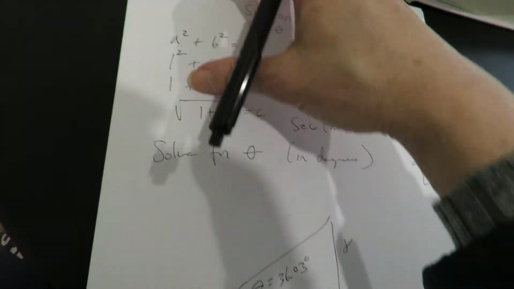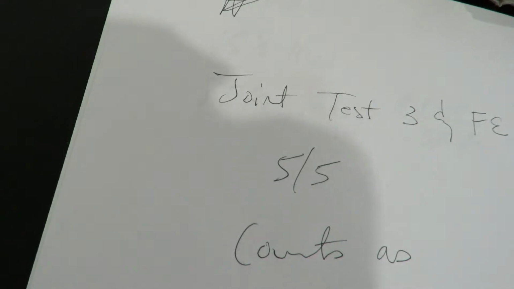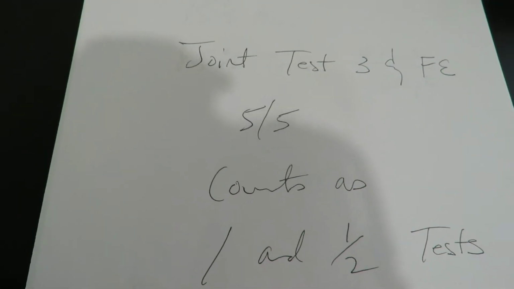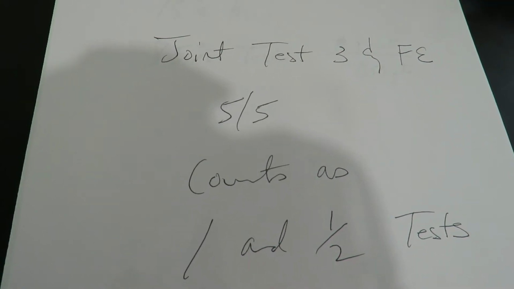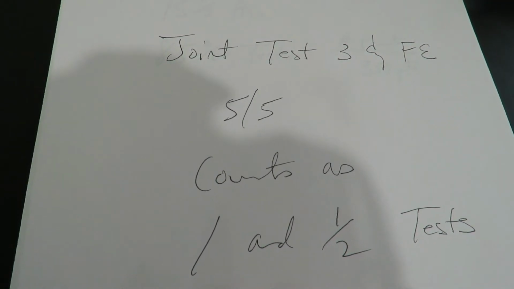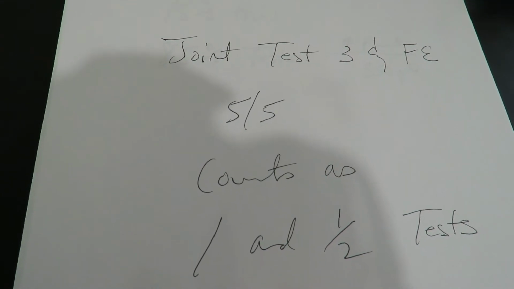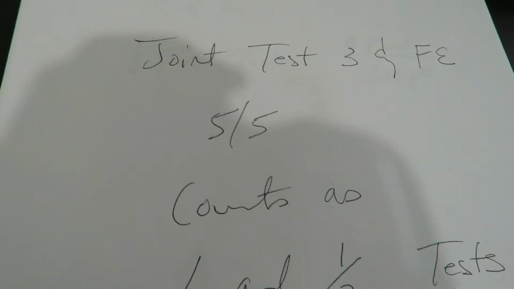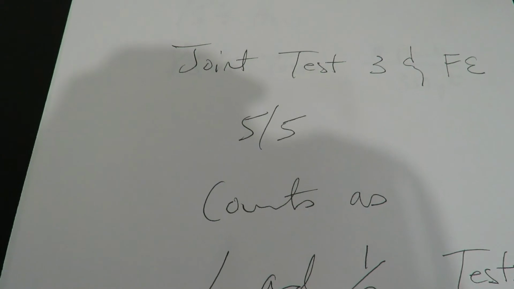A little housekeeping. This is actually a major announcement. I am not going to give you guys a test 3. There is just too much stuff that we still haven't finished. So I'm going to make test 3 and the final exam a joint test.